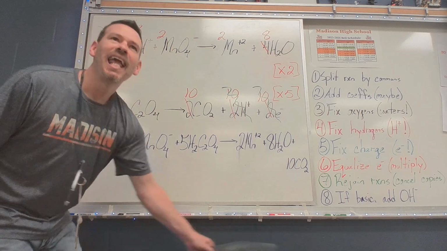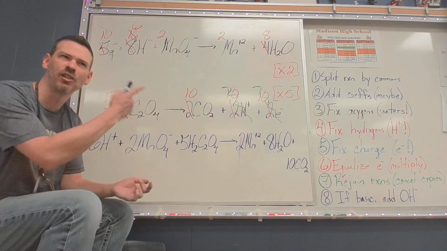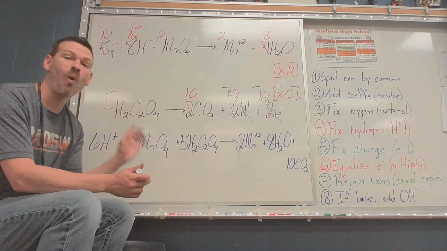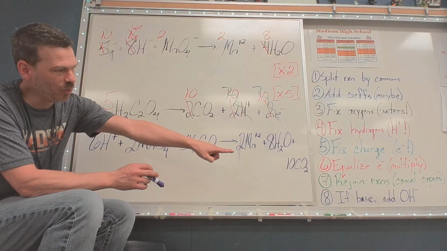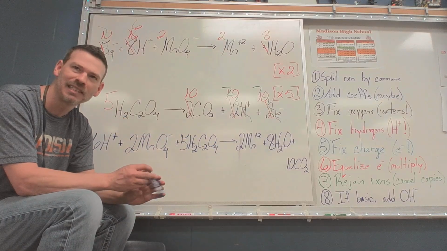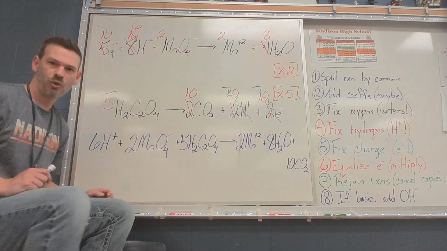Now, remember how at the beginning we pointed out that it was acidic? It says acidic solution on the screen. That's why we get to stop. If it were basic, there would be one more step down there. Looks like fun. So you know what we should do? Let's do a basic one.